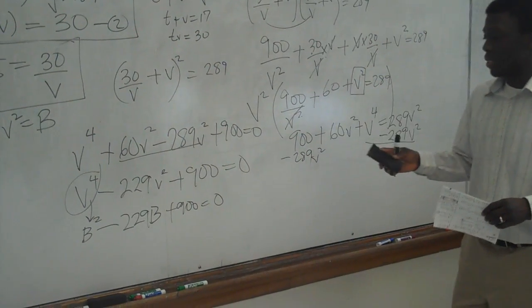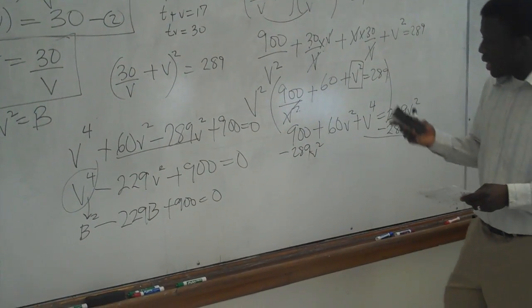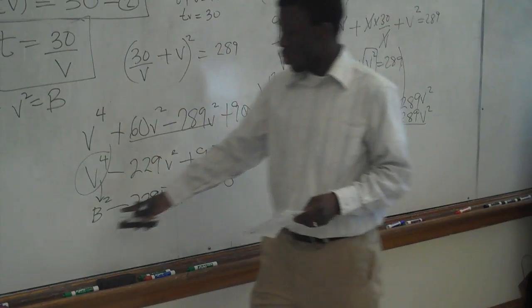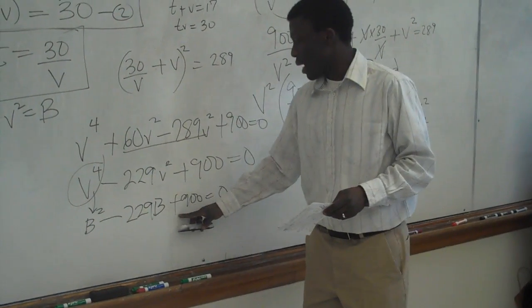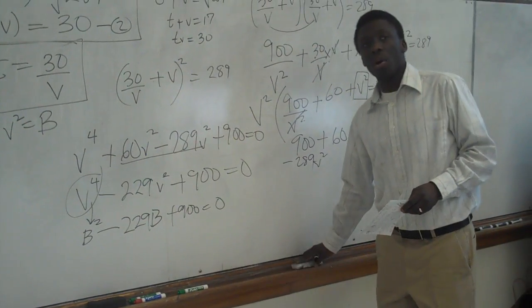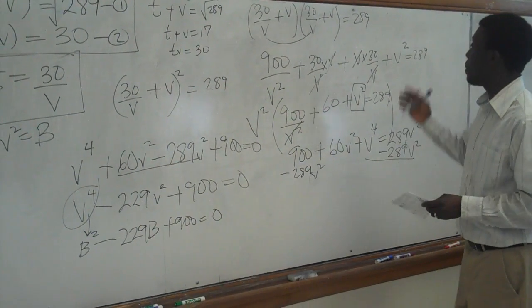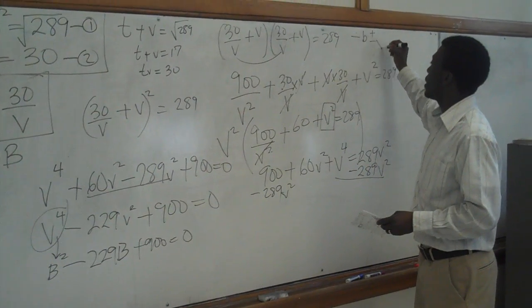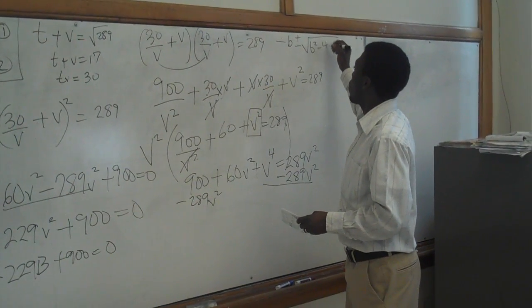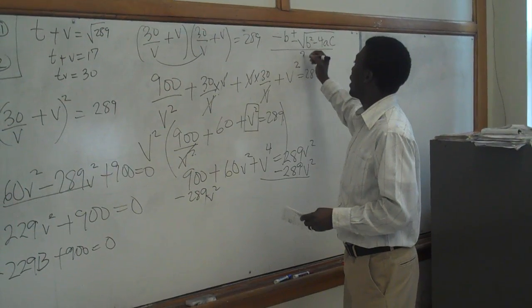At this point, what we do is we go ahead and use a as 1, b as negative 229, and our c as 900, and we plug that into the quadratic formula, negative b plus or minus the square root of b squared minus 4ac over 2a.